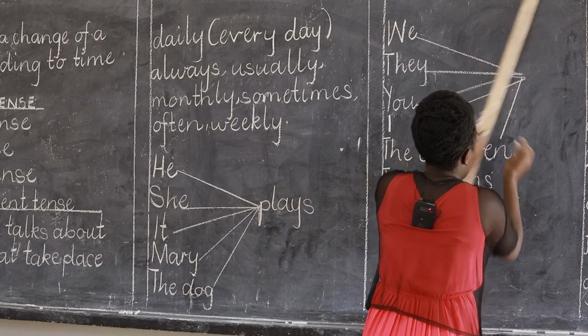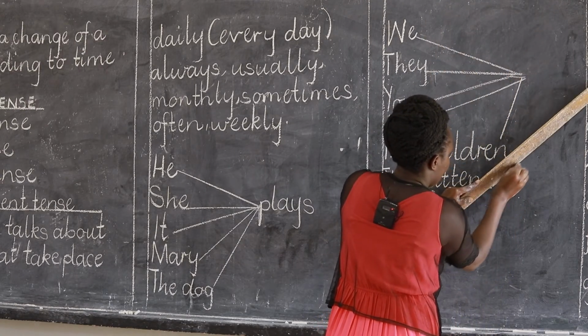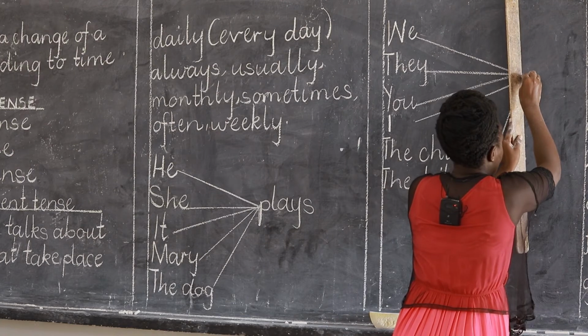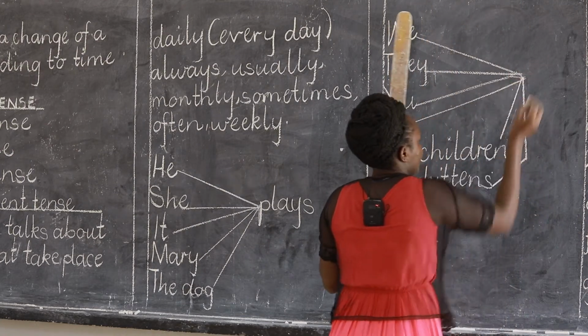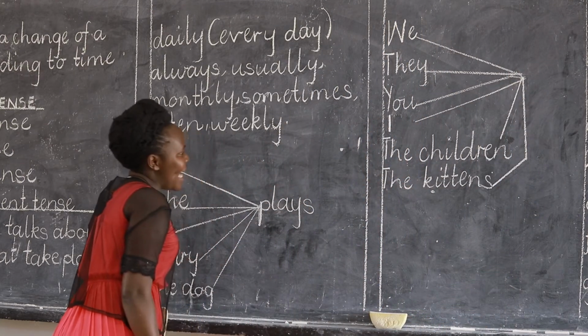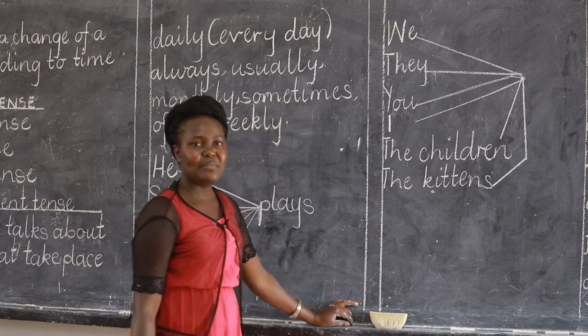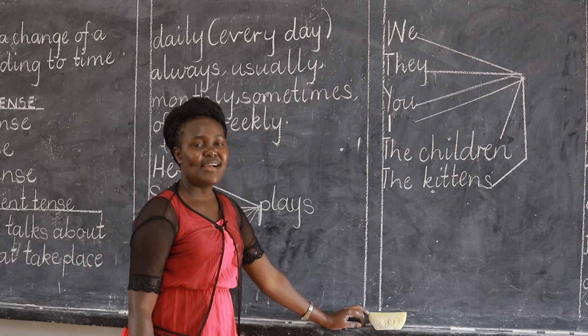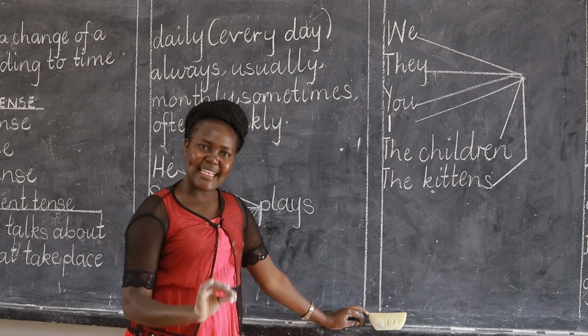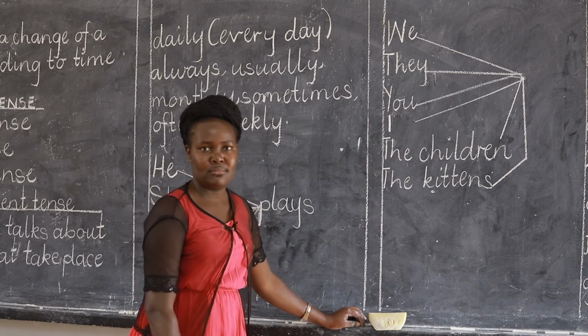There is this and there is also my kittens. Let them be united there. So when it comes to these ones, the verb doesn't change. It remains in its base form.